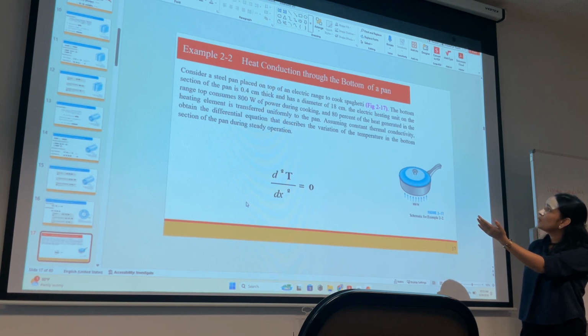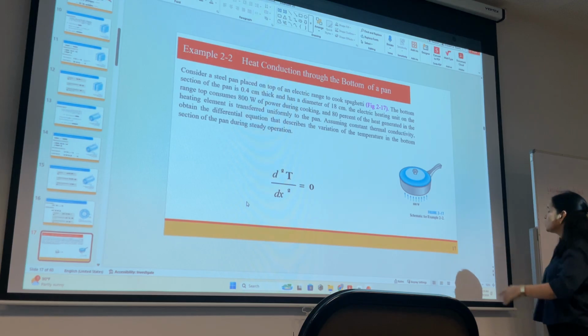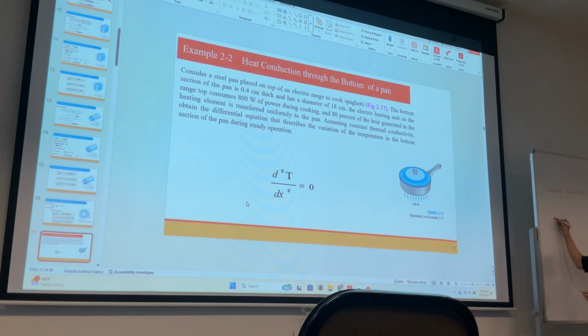Obtain the differential equation that describes the variation of the temperature in the bottom section of the pan during steady operation. So first, thermal conductivity is constant. Okay, this is given. Second, it's a steady state.